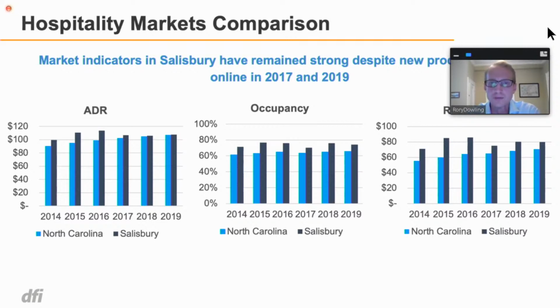If you look at the occupancy graph in 2017, it took a dip, but that is a result of adding those 95 rooms at the end of 2016. But it's important to see that the market rebounded quite strongly and absorbed those additional rooms.